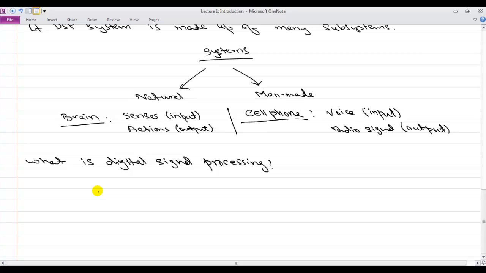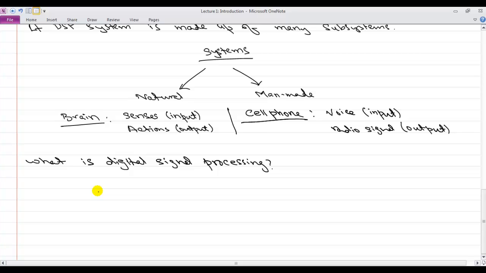But the question of where that processing happens defines whether it's analog signal processing or digital signal processing. So a signal processing system in which the processing happens inside a digital system, inside a microprocessor, that makes up a digital signal processing system.